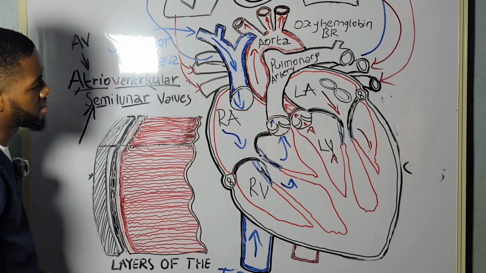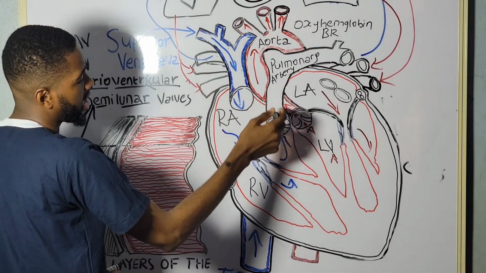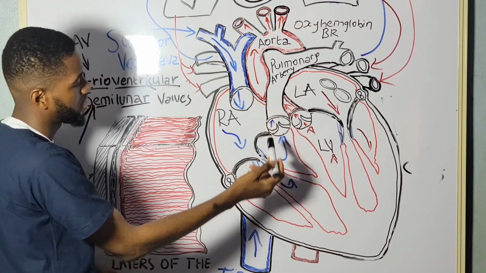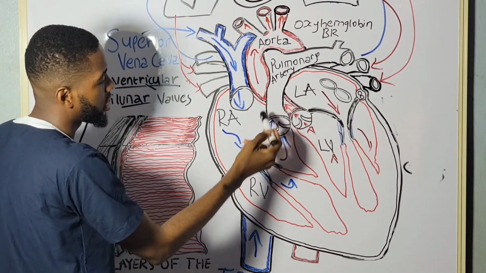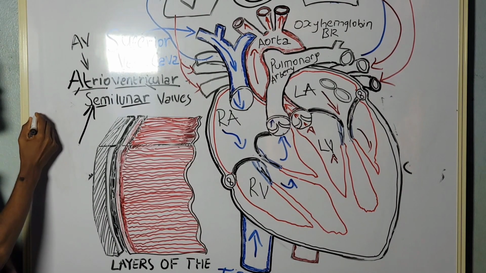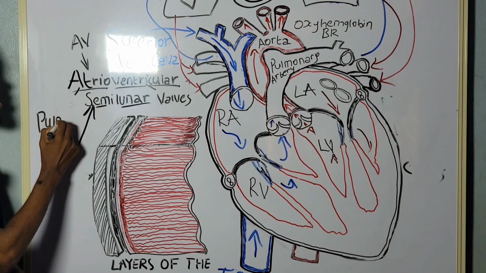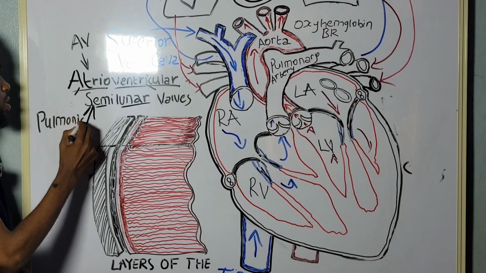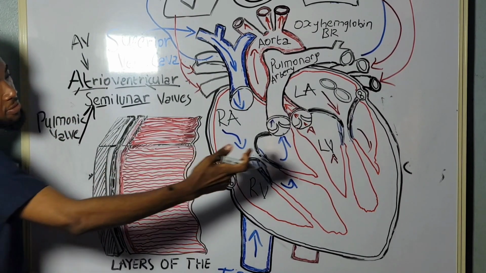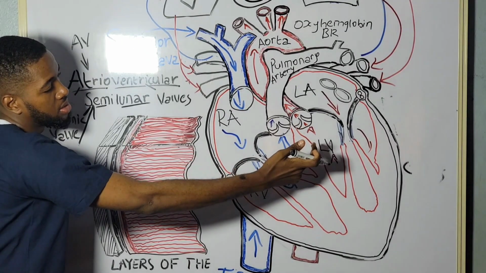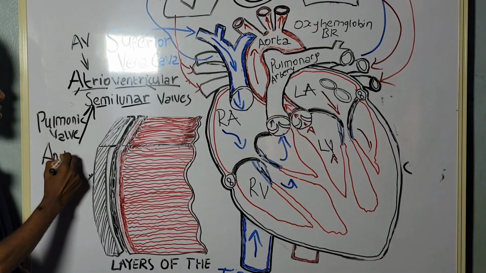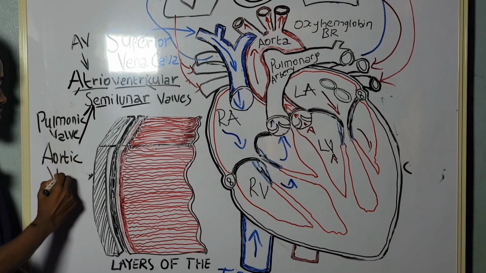The name of the valve between the right ventricle and the pulmonary artery is called the pulmonic valve. While the name of the valve located between the left ventricle and the aorta is called the aortic valve.